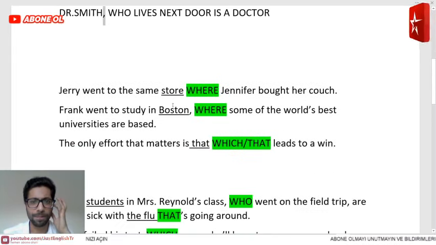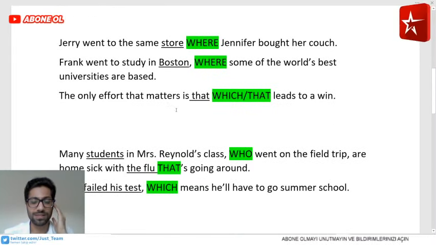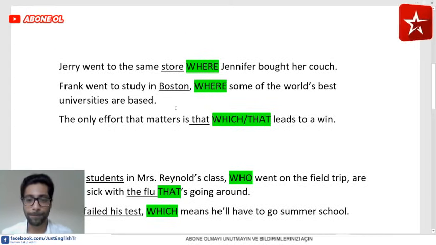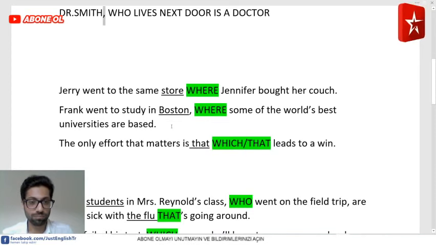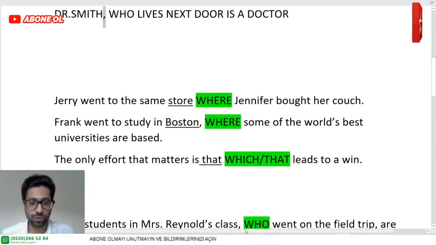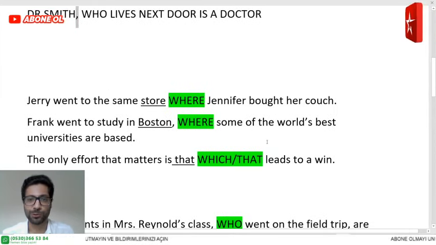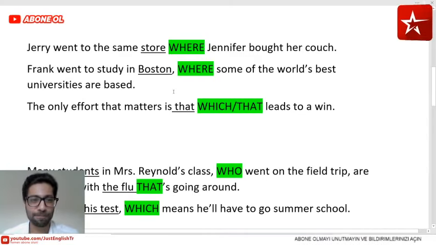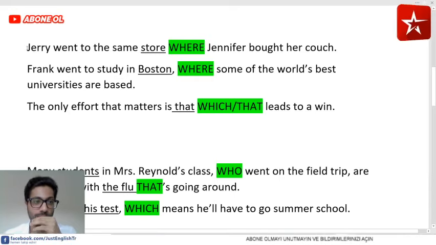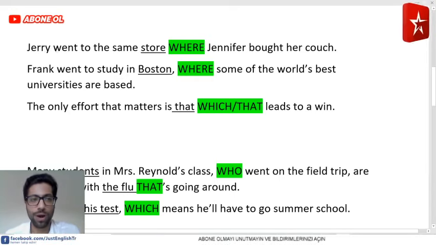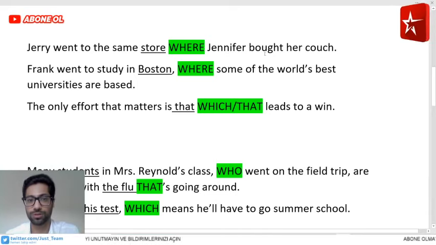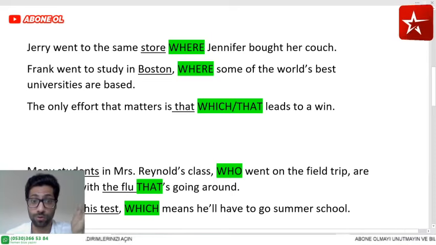Now, here are some examples that might confuse you, but I will do my best here to unconfuse you, okay, if I can say that. So, for example, here, number one, Jerry went to the same store where Geneva bought her couch. Remember, store.